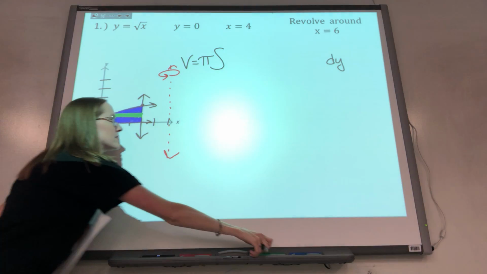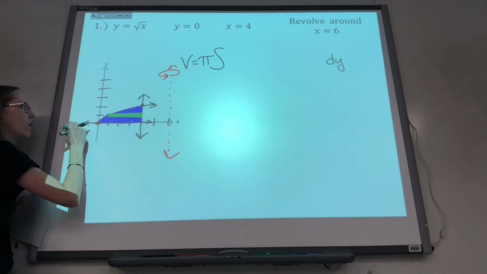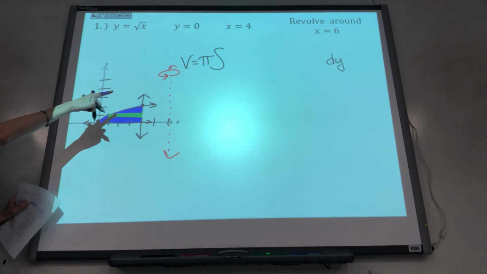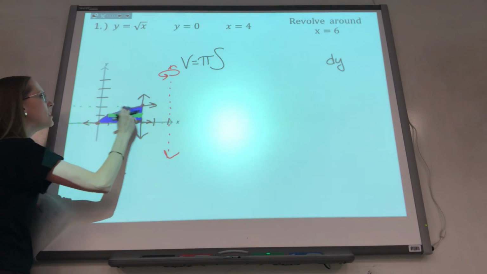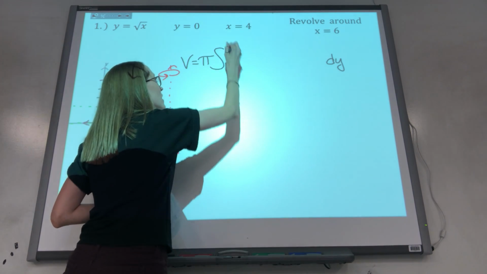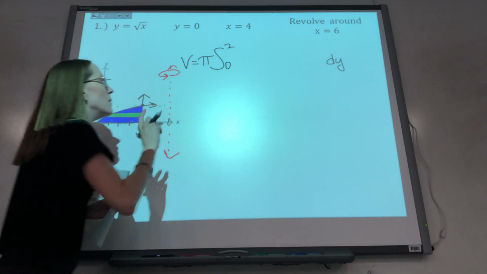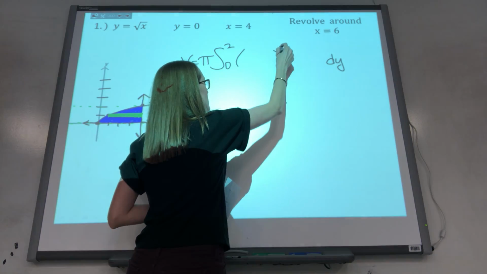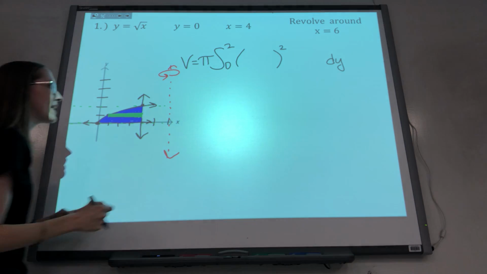Now, the bounds have to be y values, so don't put 0 to 4 up there. It's actually going to be 0 to 2. Again, we're integrating with respect to y. So 0 to 2. And I've got to put the outer radius squared minus the inner radius squared.